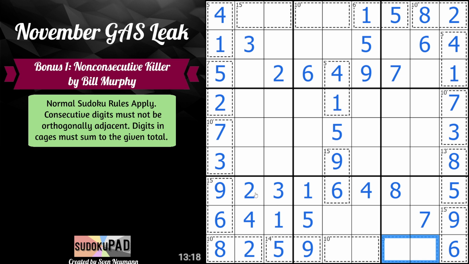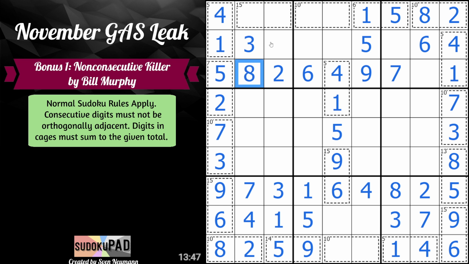Oh, wait, not 2, 1, 1, 7. Sorry. 9, 7, 3, 2. 3 gives us 1, 4. And then 2, 8, 3, 7. I actually don't know. But let's continue our work down the line here.